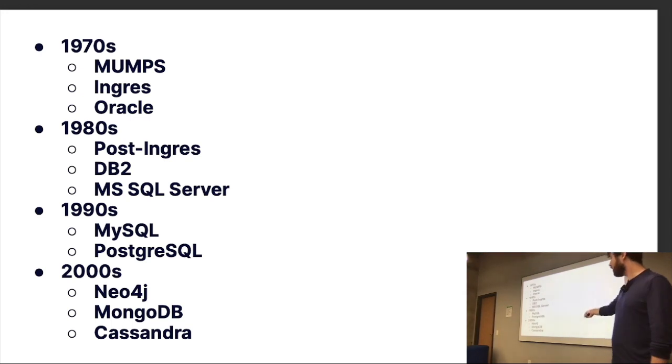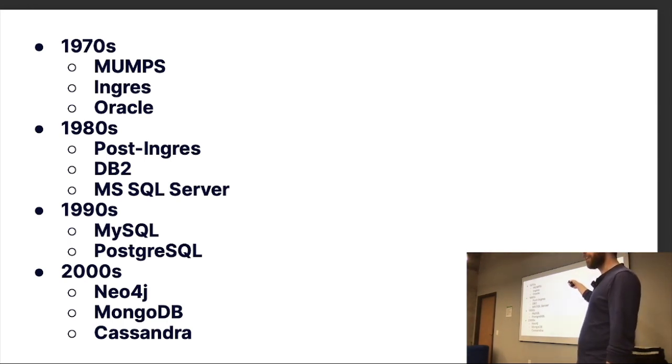This is a very loose timeline of databases. In the 1960s even, you've got MUMPS, which I'm not going to elaborate on. If you don't know about MUMPS, be glad. Edgar Codd wrote his relational algebra paper in 1970.